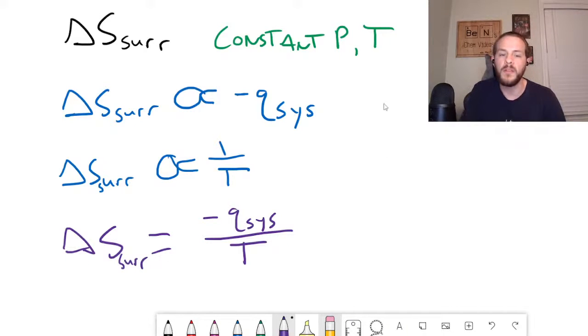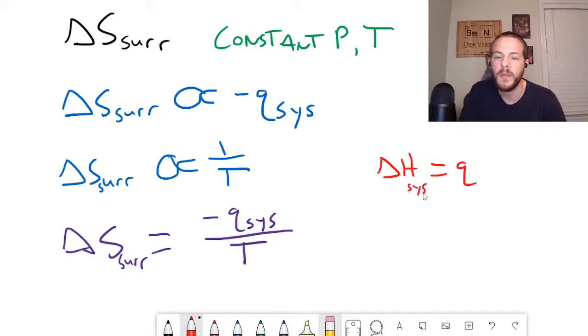So if we assume that our pressure is constant in addition to our temperature, well, we know, or at least we should know, that under conditions of constant pressure, delta H is equal to Q, right? And so delta H for a system is equal to the heat absorbed or released by that system under conditions of constant pressure.